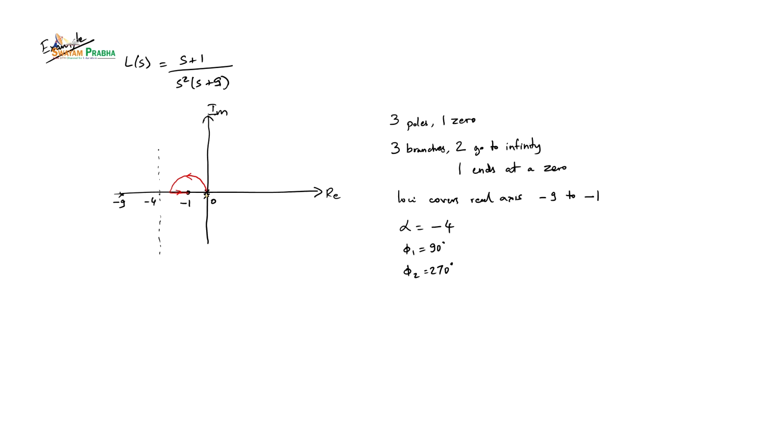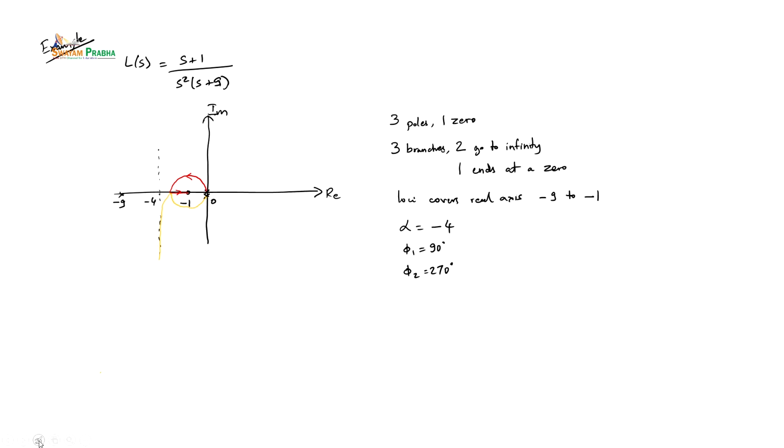Then the next one will come from 0 and will be symmetric to this, but once it comes on the real axis, it will go to 270 degrees along the asymptote.